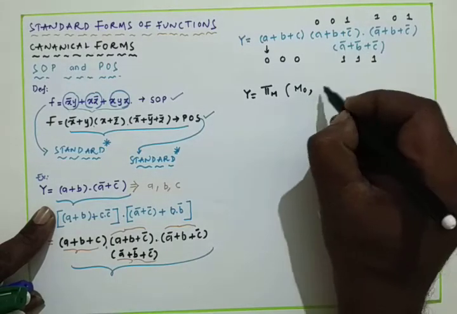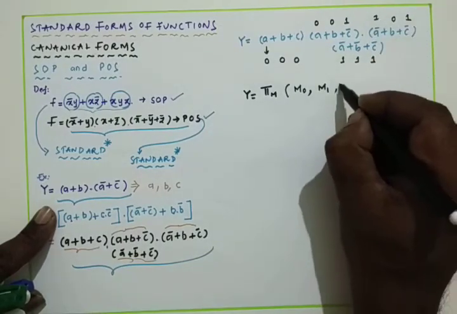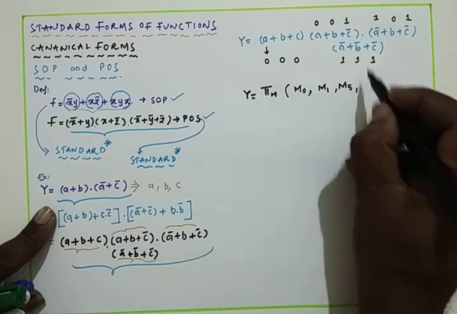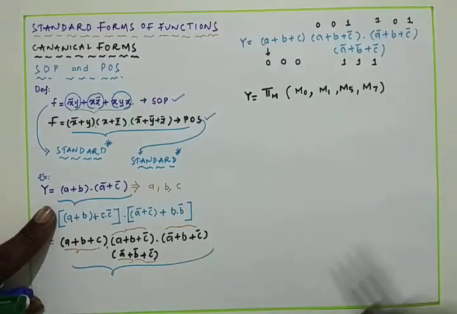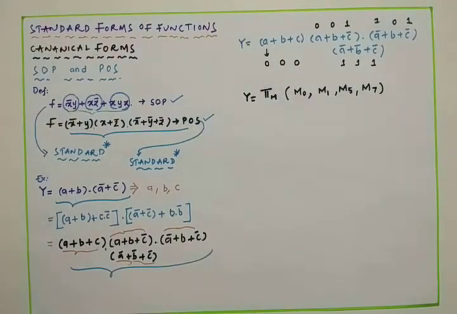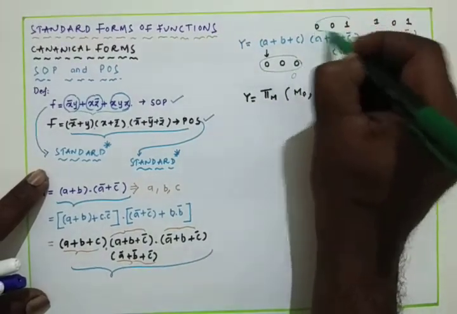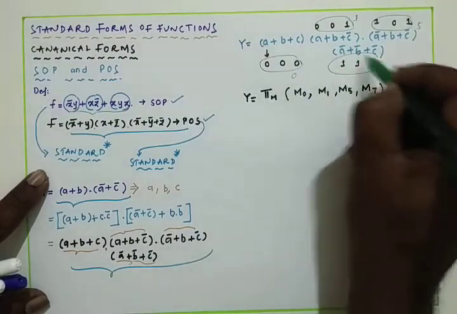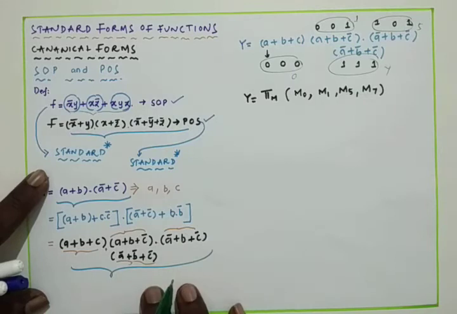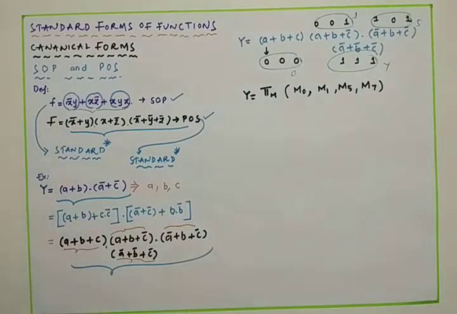Next, 001 means 1, so m1. 101 means 5, that is m5, and 111 is 7, that is m7. So we represented it in the form of an expression.